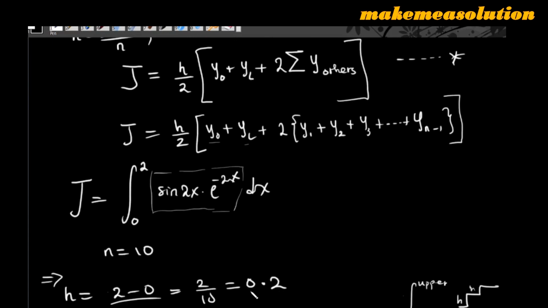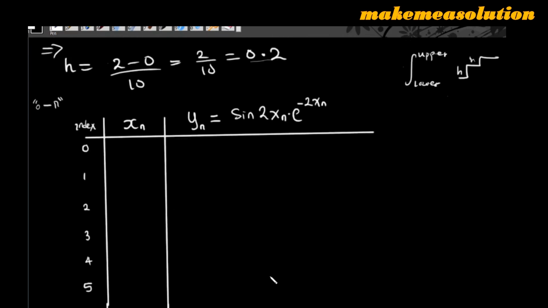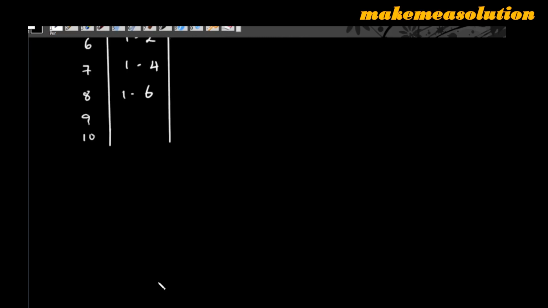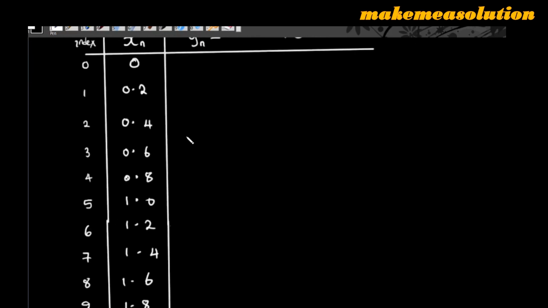So our h is 0.2. So we are going to count from 0 to 2 in steps of 0.2. We have 0, 0.2, 0.4, 0.6, 0.8, 1.0, 1.2, 1.4, 1.6, 1.8, and 2.0. So we have now evaluated our x.